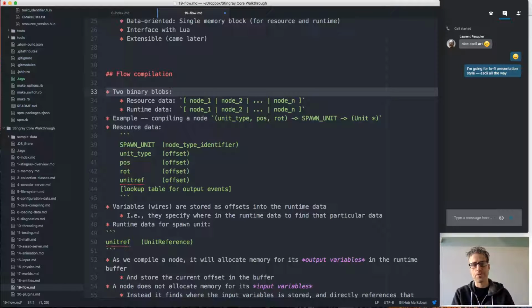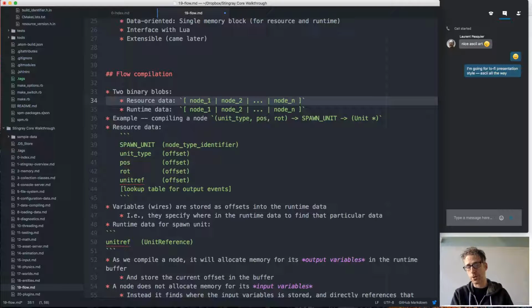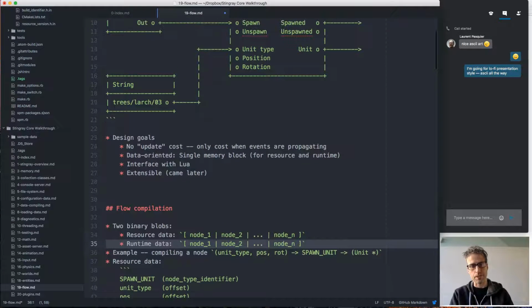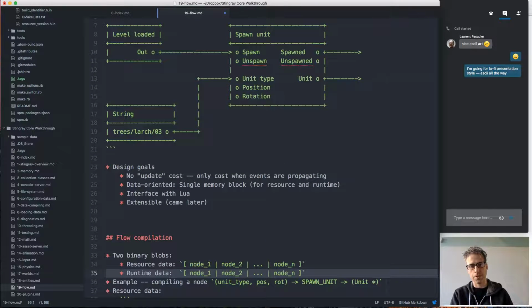One represents resource data, which is static data for the flow graph, and that will be constant throughout the entire execution of the flow graph and not be modified. And then there is runtime data, which is data that is modified during the execution of the flow graph. So the unit reference here, for instance, would be in the runtime data.